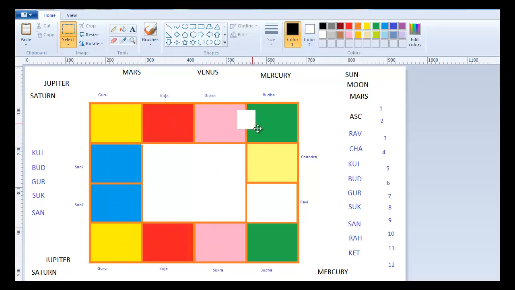Get so used to the names of the signs that you don't have to actually memorize them. It will just come by sight. It's very important. If you have been doing this for a long time, you might already know all these things. That's fine.